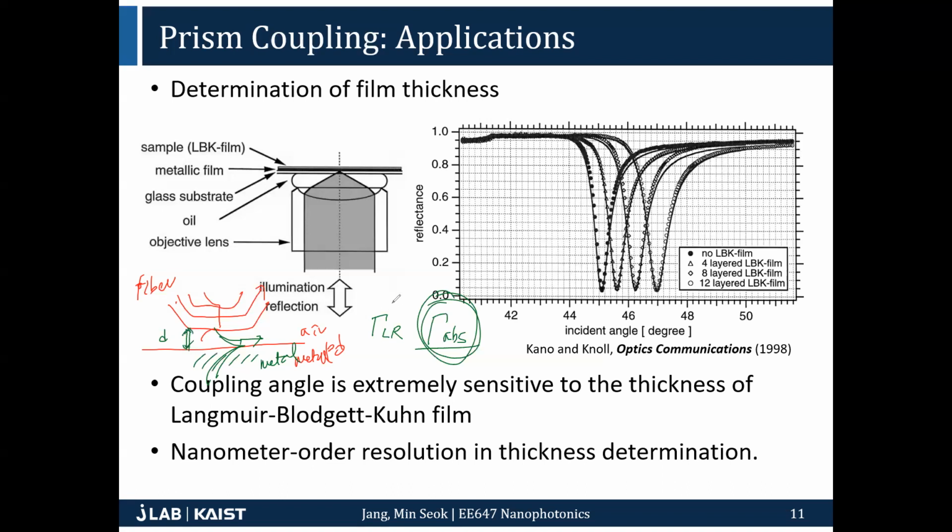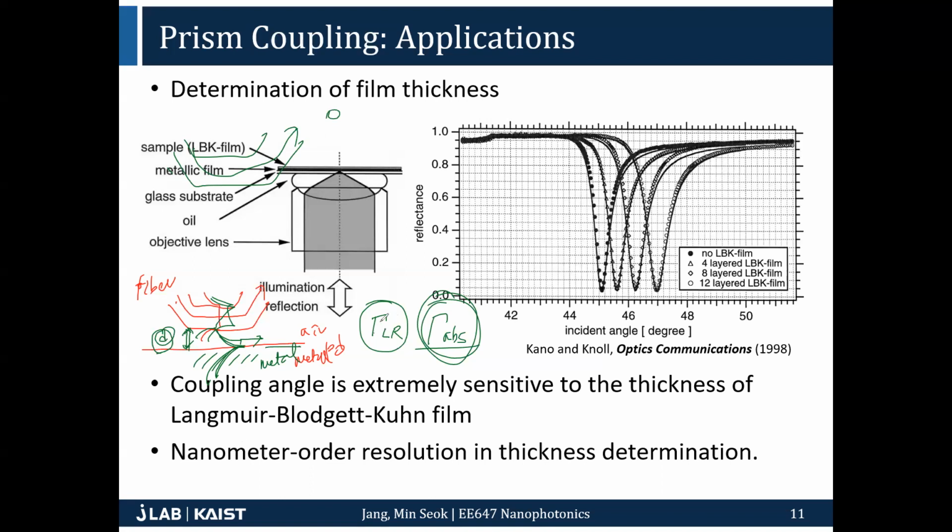But the leakage radiation, in other words, in this case the coupling between the fiber mode and the surface plasmon mode, depends highly on the thickness, because this coupling between the two modes depends on their field overlap. Their field overlap becomes larger as D decreases. If D increases, for instance if your fiber is far away from the metallic interface, there's no coupling.